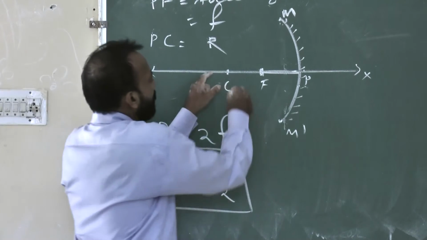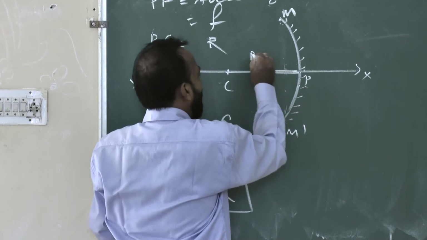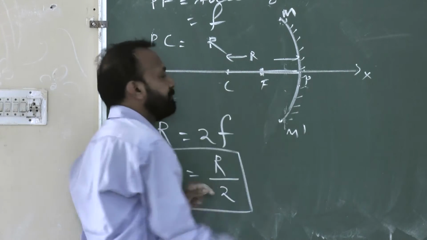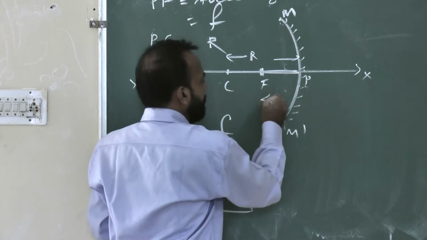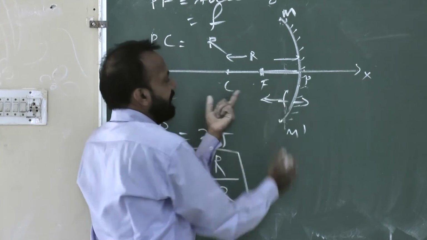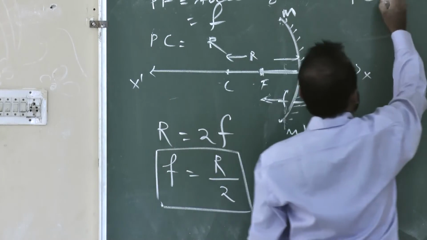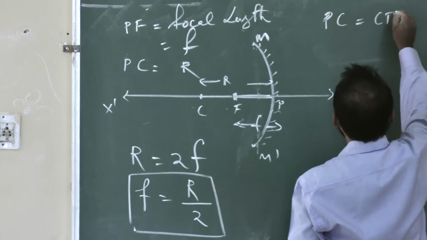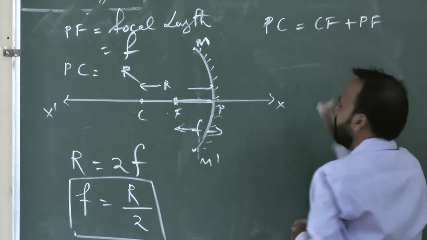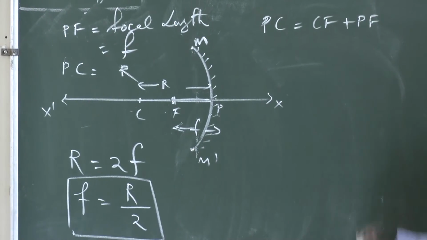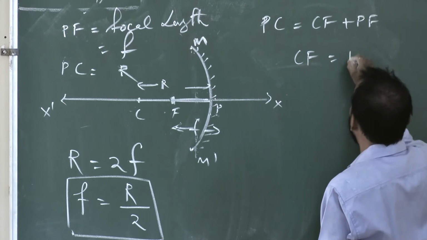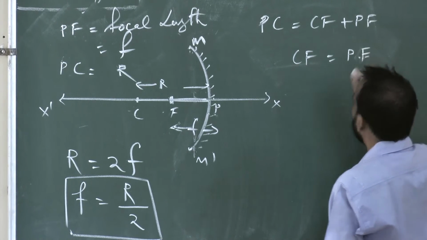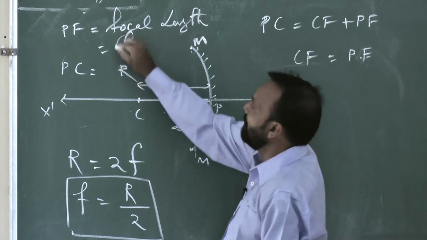Now this distance is your R, and this PF is your focal length. That means automatically, PC is equal to CF plus PF, right? And CF is equal to PF. What is the symbol of PF I have taken?